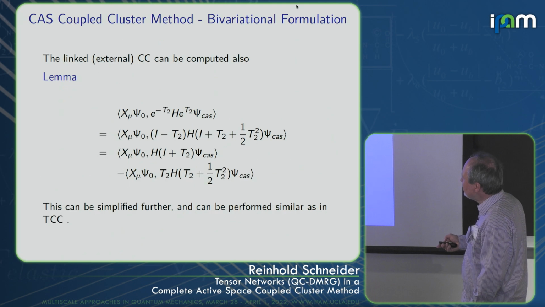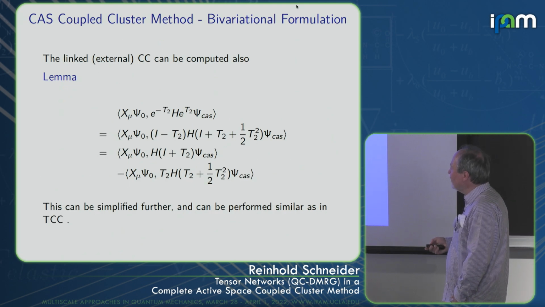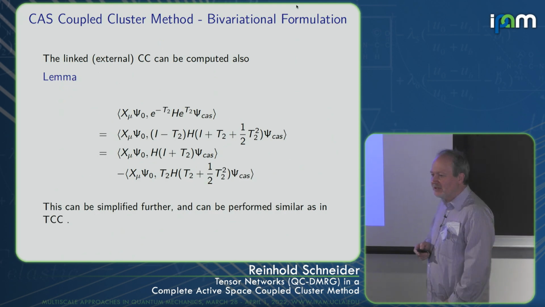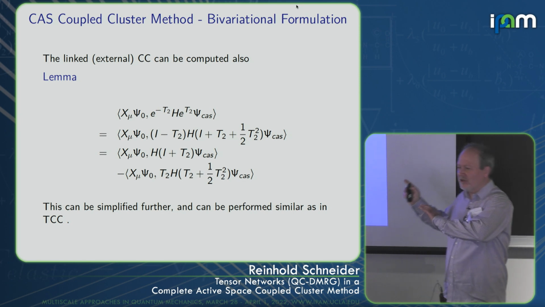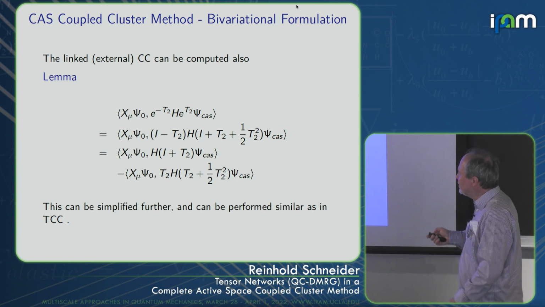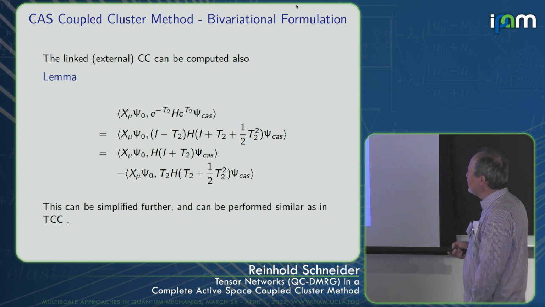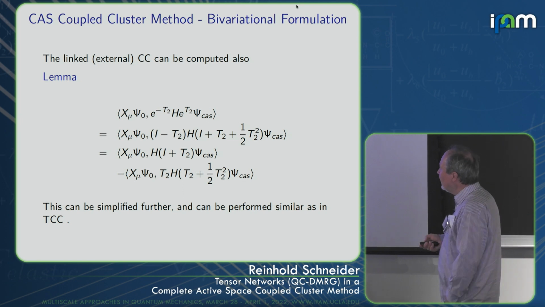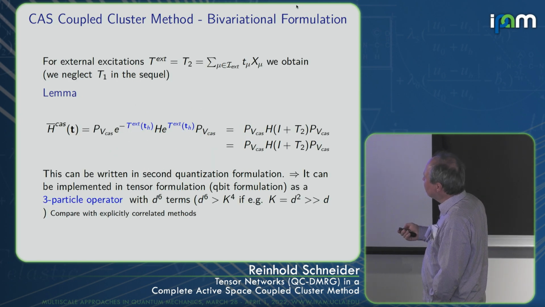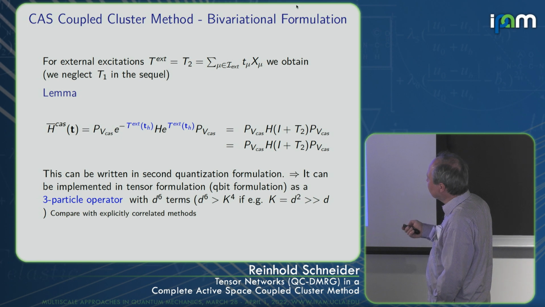So now we come to what is the form of these matrices here. And maybe this is just computation. I consider now only the doubles, coupled cluster doubles. The first one is a working equation on the CAS space.